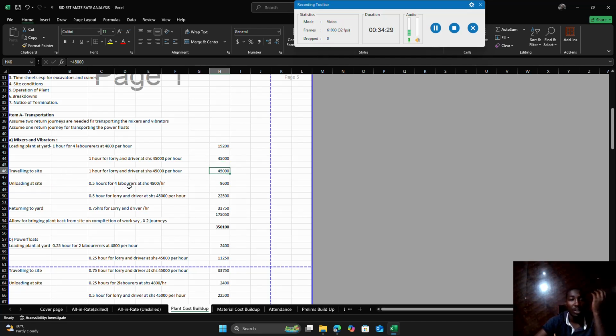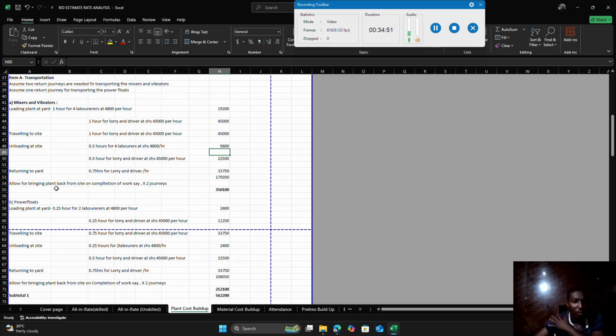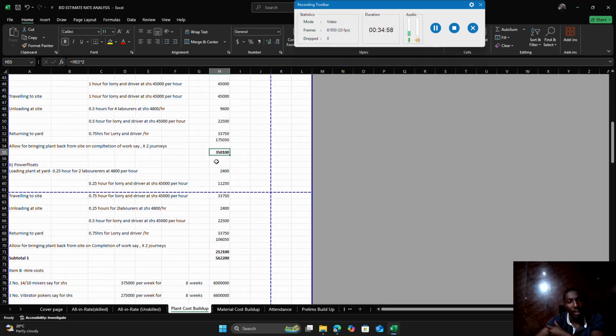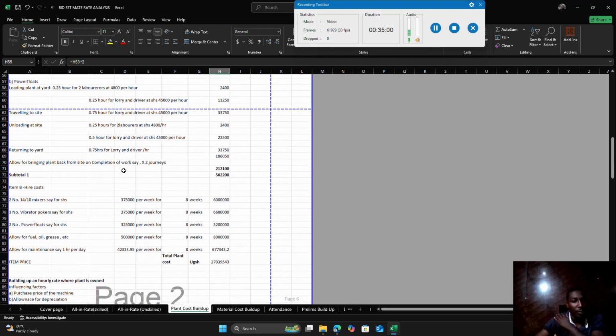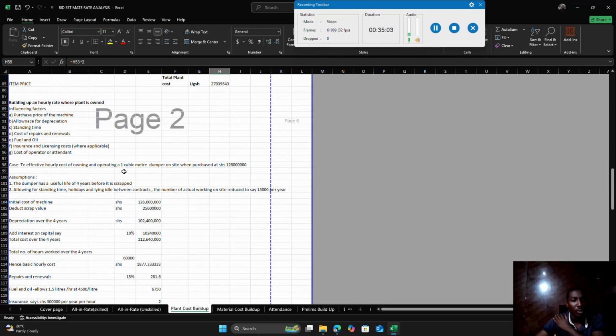Unloading when it reaches site, you need 30 minutes labor hours for 4 laborers, which comes to this. Then you need a half hour for the lorry and driver when they have to go back, returning to the yard. So allow for bringing plant from site on completion of work, 2 times 2 journeys. Basically you do the same for different plant and you'll come up with a total.